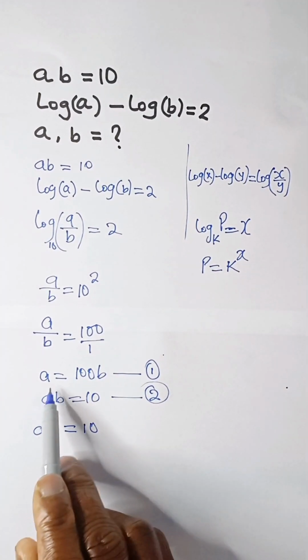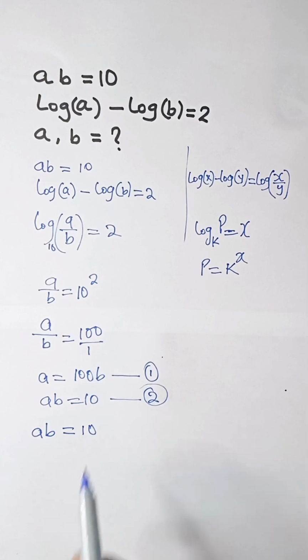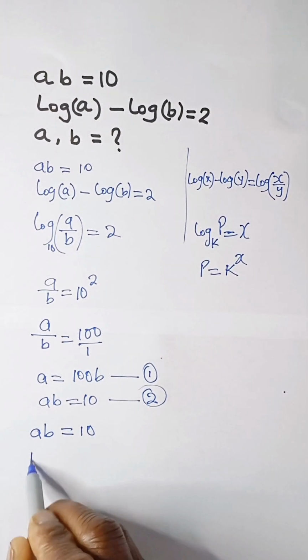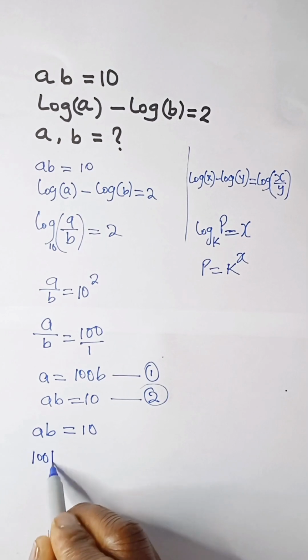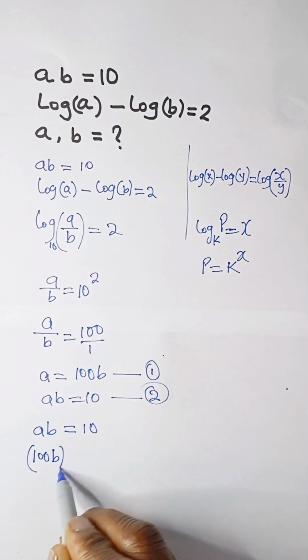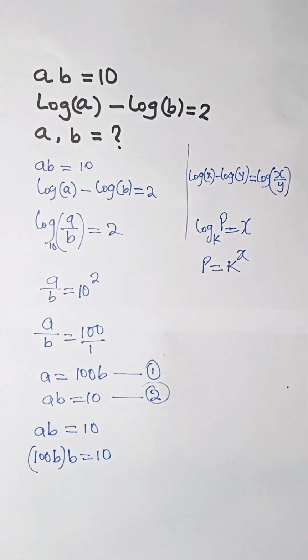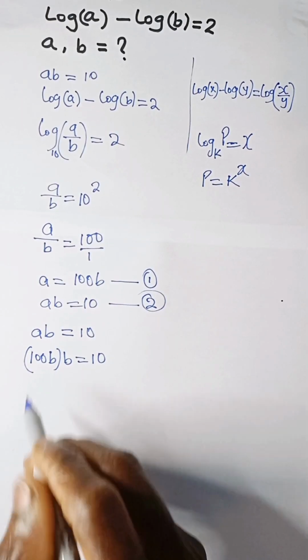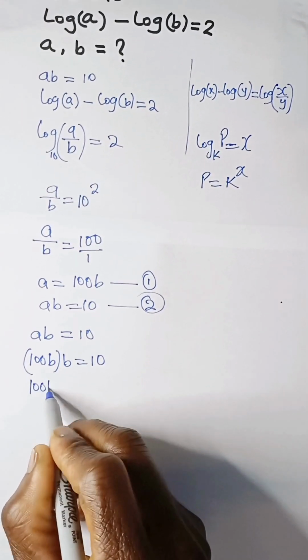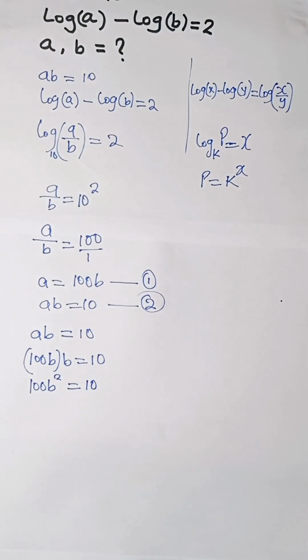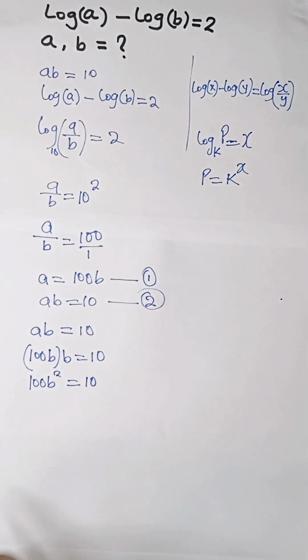In equation 1, we have that a is equal to 100b. So we will replace a with 100b. So we have 100b times b is equal to 10. 100b times b will give us 100b squared is equal to 10. Let us equate it to 0.